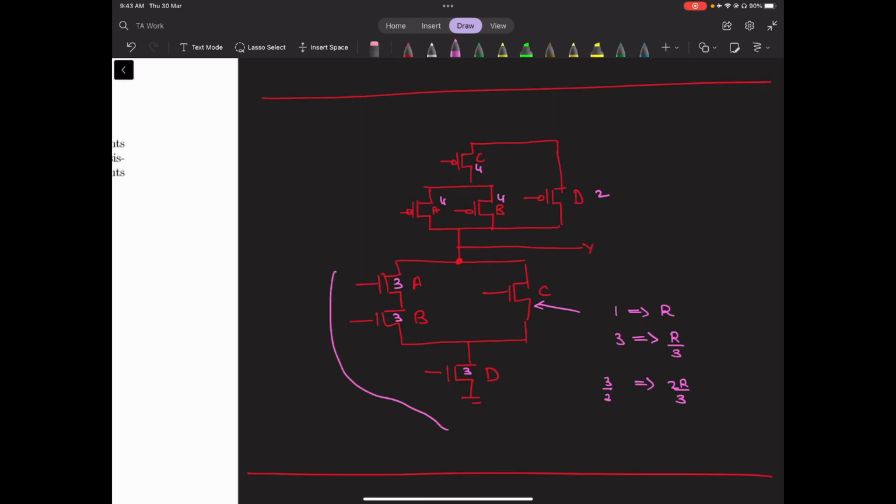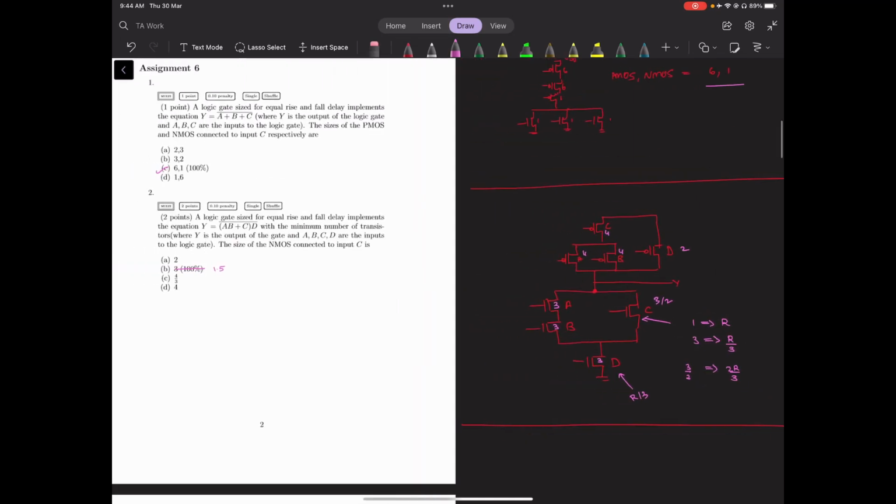You take the longest stack, which is ABD, and give 3, 3, 3 as the stack size, so that each has a resistance R by 3 and in total the resistance is R. Then you have this leftover transistor, which is also part of a stack. The bottom transistor has resistance R by 3. If the total resistance needs to be R, then this transistor has to have a resistance of 2R by 3. For 2R by 3, the size requirement is 3 by 2, and so the answer is 1.5.